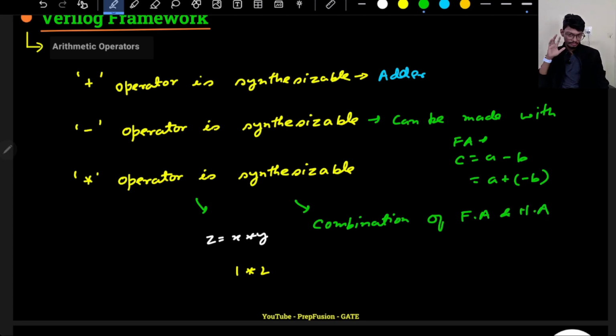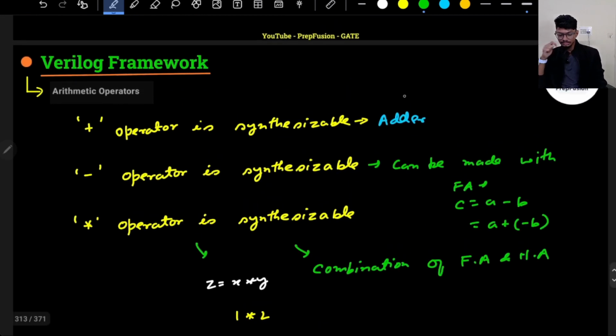But just keep in mind that whenever we are performing addition, if I am doing a equals b plus c, and if these are 4 bits, this I have taught in my COA course, then the highest value of the result will be 5 bits. That is for addition.